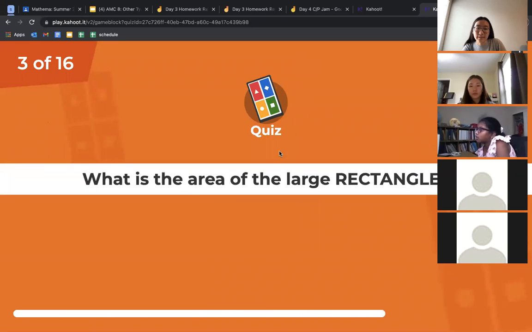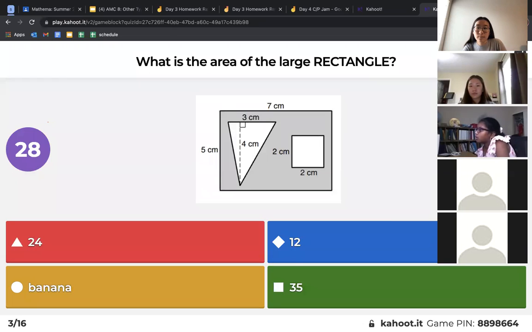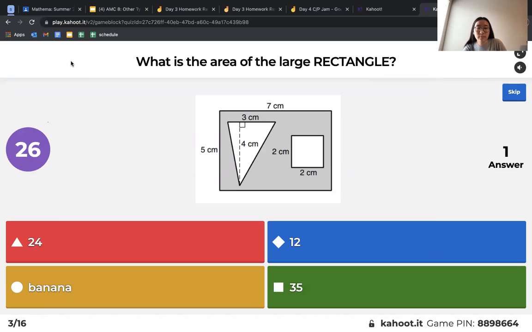Area of the large rectangle, so the shaded one.